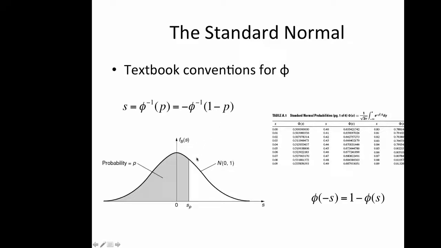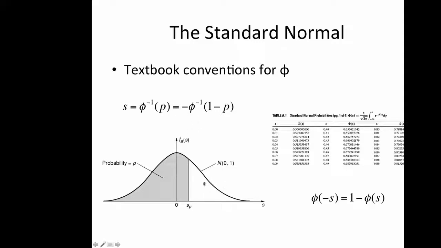All right, so let's look at that in this figure here. We said before that the value S is going to be the inverse of the probability. So if this is the probability, the inverse CDF function would give us this value. We can also find it by taking the inverse CDF function of 1 minus p.